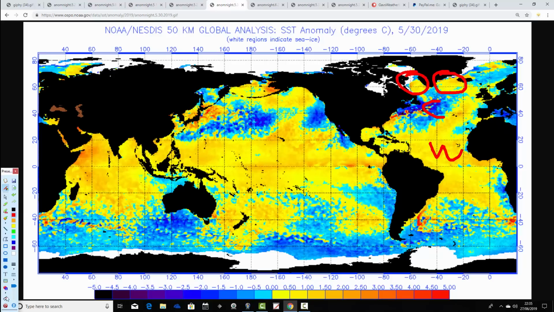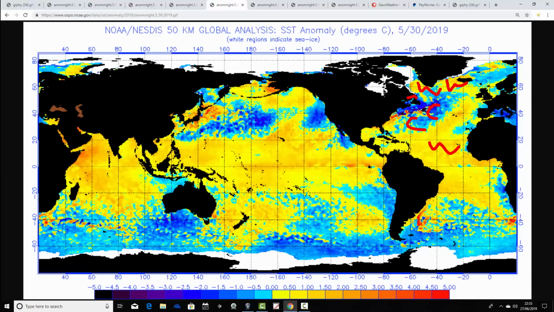And then it's relatively warm down there. So by the time we get through to the end of May 2019, we are almost in a tripole type situation where it's becoming warmer up here. It's cooling down around there. And then it's relatively warm through the tropical Atlantic.